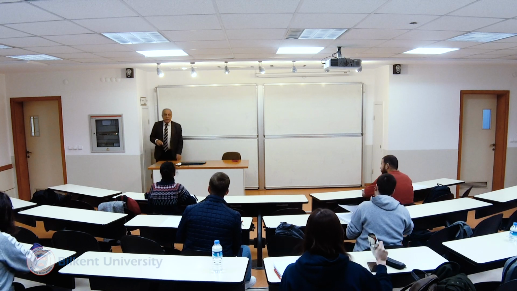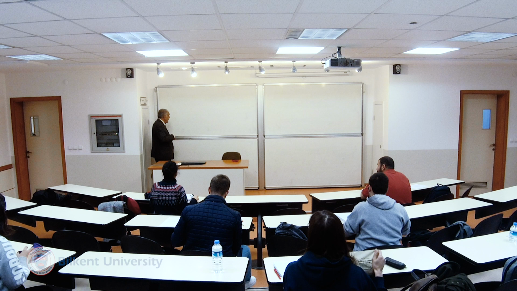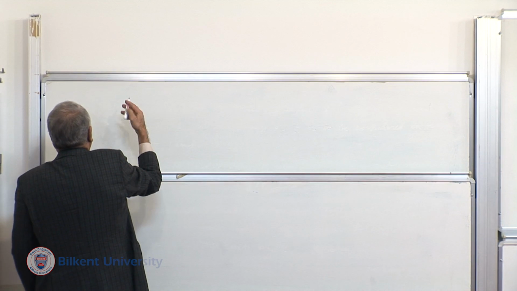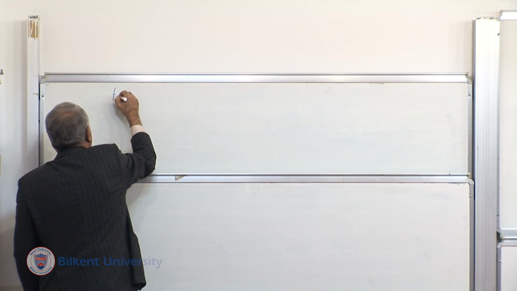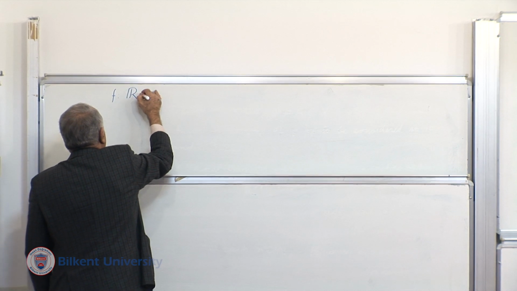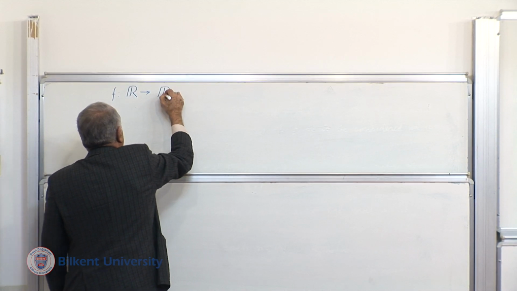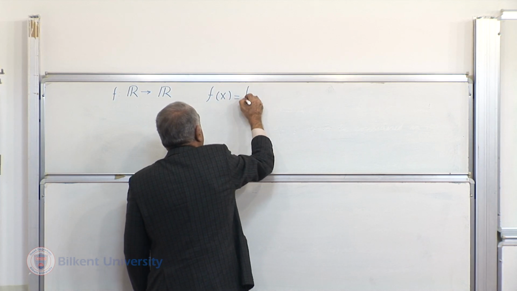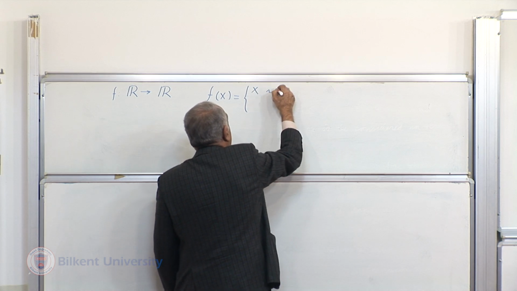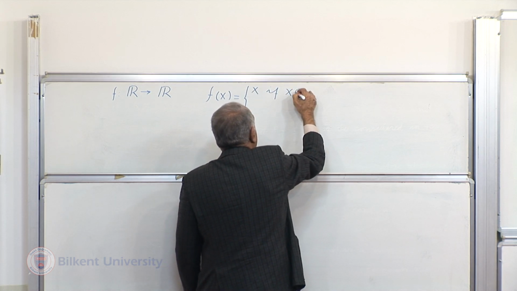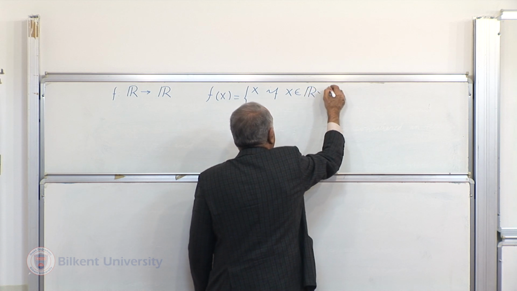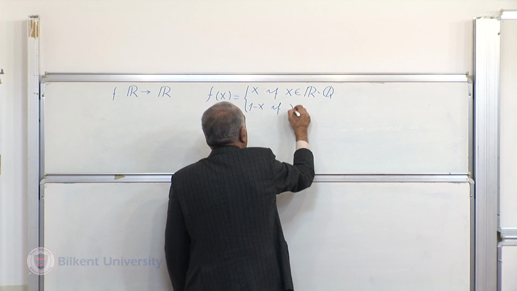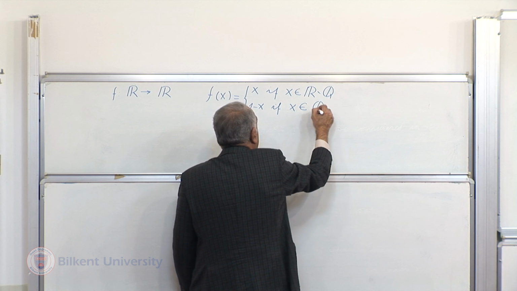Now we were in the midst of an example last time, and the example was a function on R to R defined by f of x equal to x if x is irrational, and 1 minus x if x is rational.